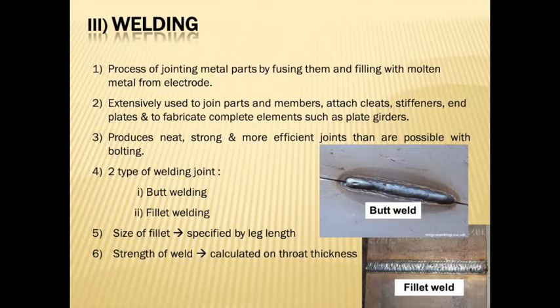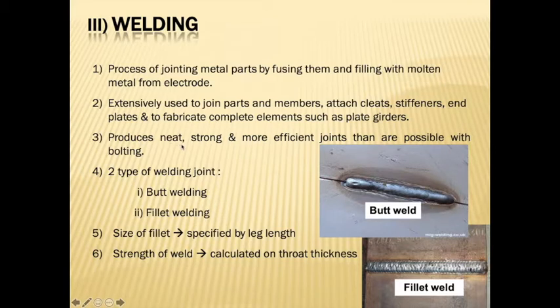Then the next one is welding. It is a process of joining metal parts by fusing them and filling them with molten metal from an electrode. It is extensively used to join parts and members, attach cleats, stiffeners, and plates, and to fabricate complete elements such as plate girders.